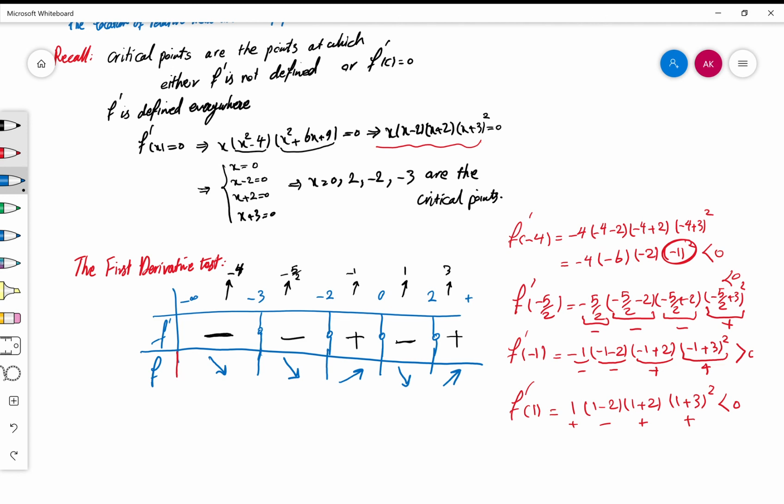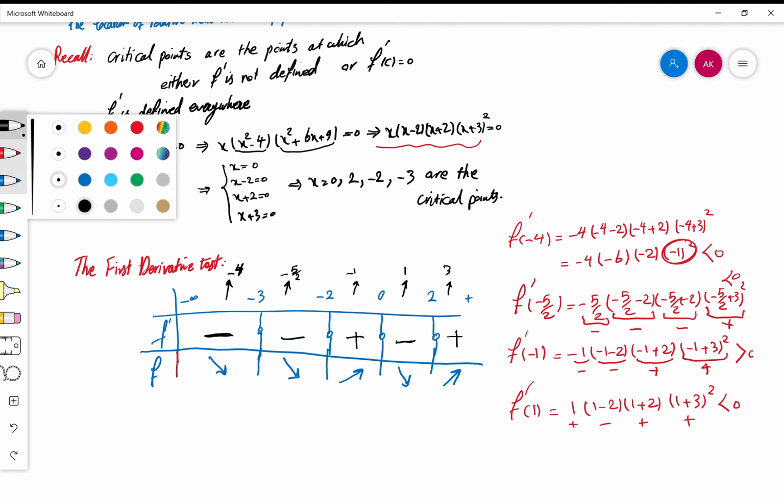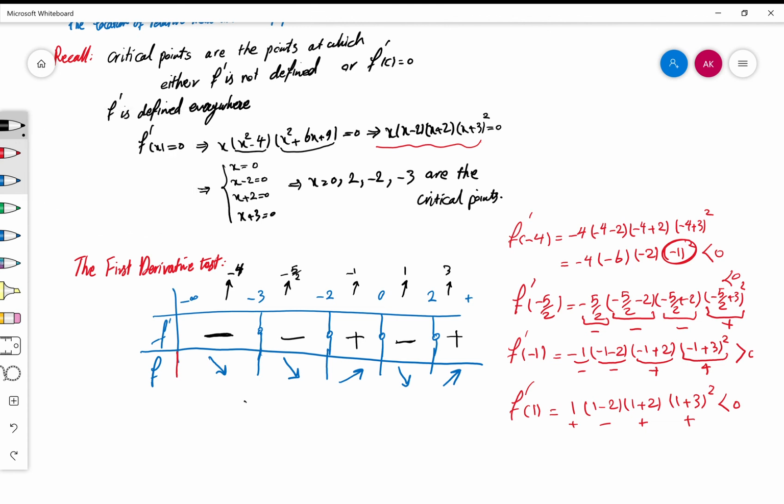Here, now we have to use the test one by one. At negative 3, the sign of f prime before negative 3 and after negative 3 stay the same. So this is neither a relative max nor a relative min.